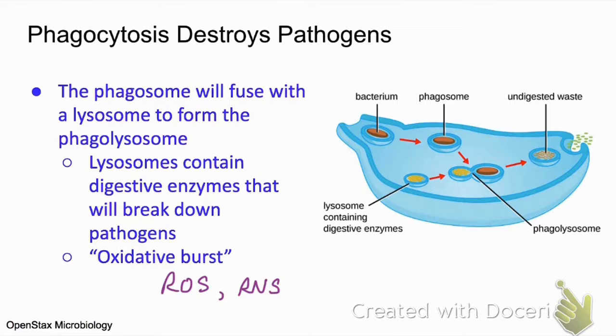For example, oxidation of DNA can lead to double-stranded DNA breaks and additional mutations. And so it is really this step here in addition to the maturation of the phagosome that leads to the destruction of pathogens within phagocytes.